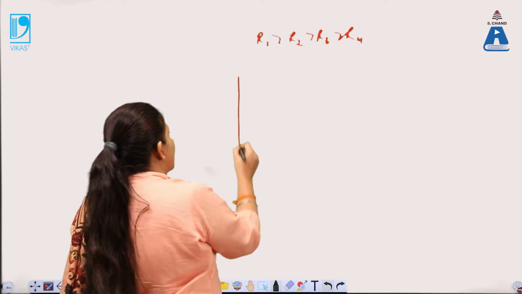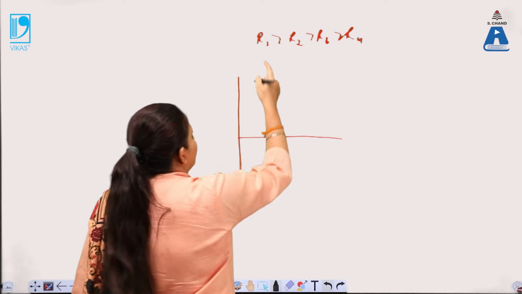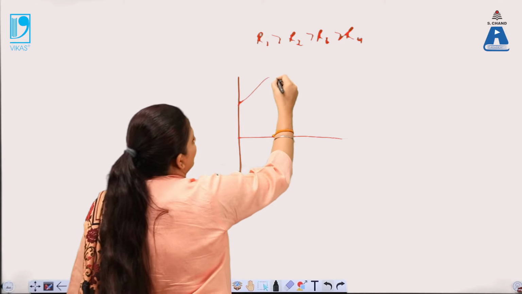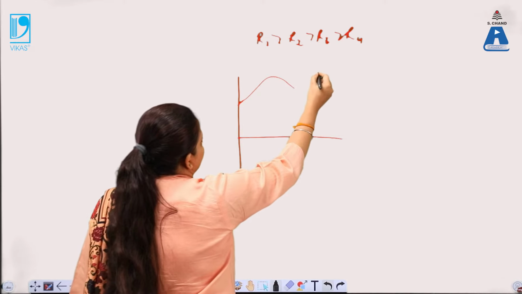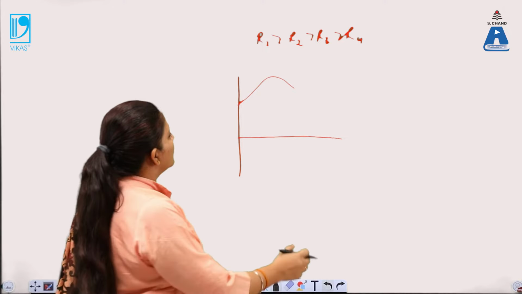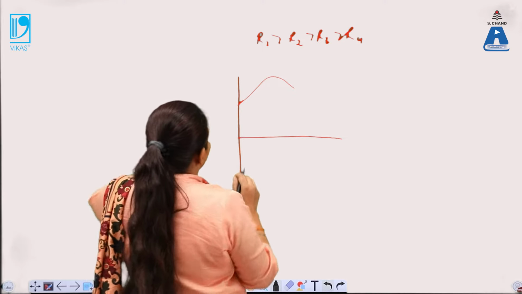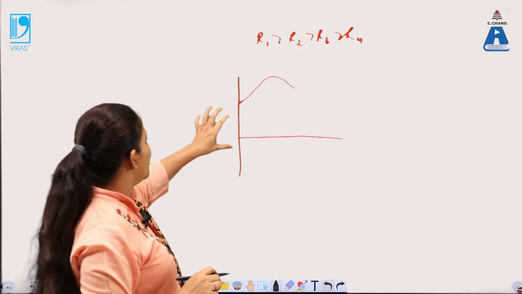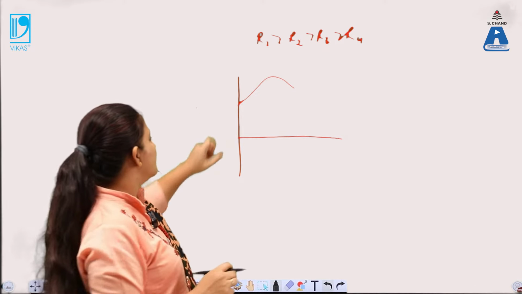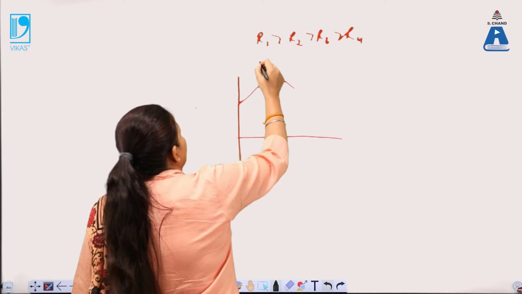Now you can see that for the first one, R1, we will plot this only for the induction area. Here this is a trigger which is required to initiate the coil. This is for the resistance R1.